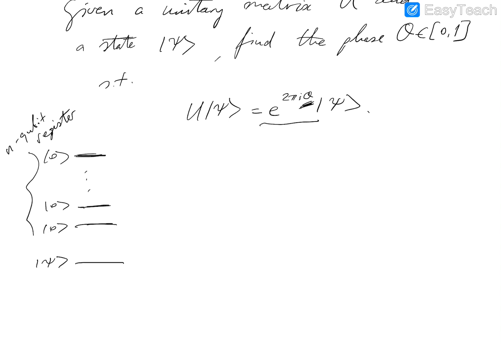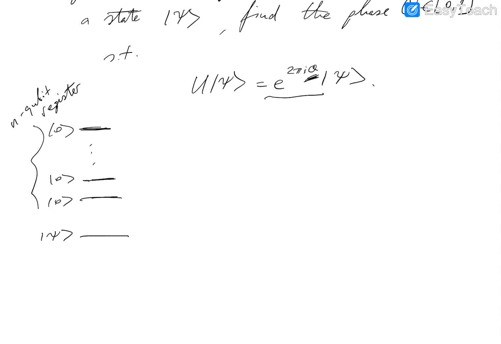Okay. And we will consecutively apply a controlled U gate on the state psi. Controlled U gate means, similar to the CNOT gate, the first qubit of the controlled U gate would be the control bit, and the second qubit of the transformation is the target bit.